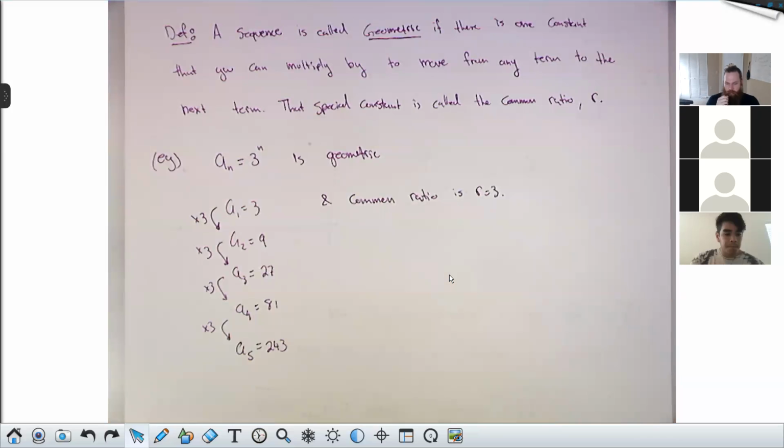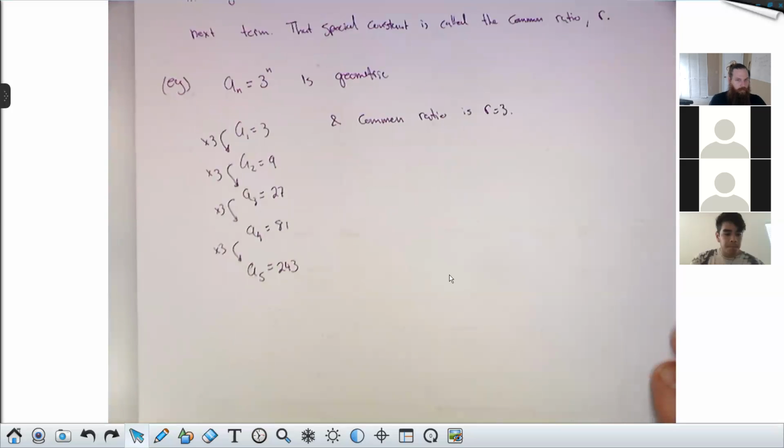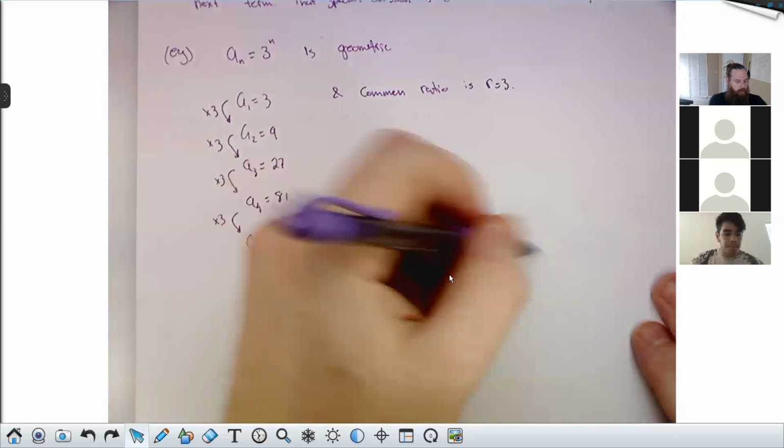Questions about what it means for a sequence to be geometric? Okay, I'm going to look at another example here.